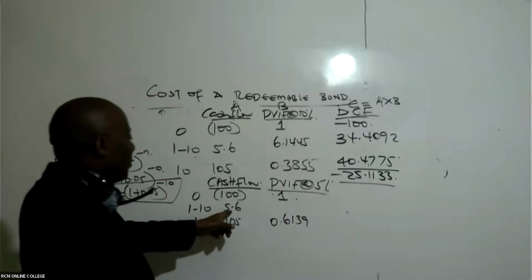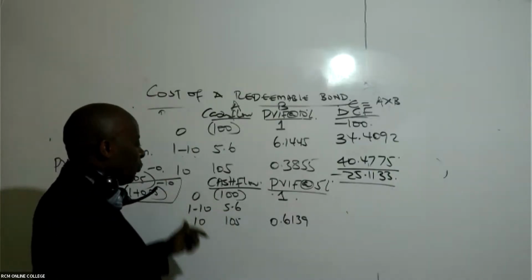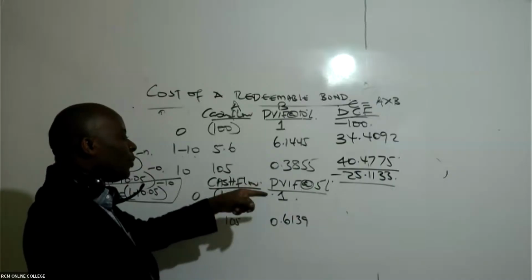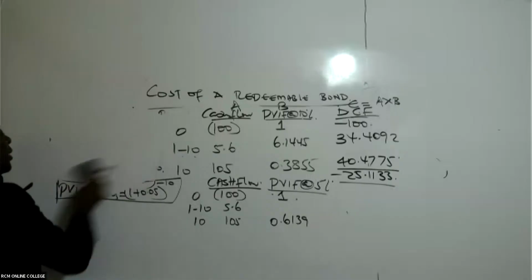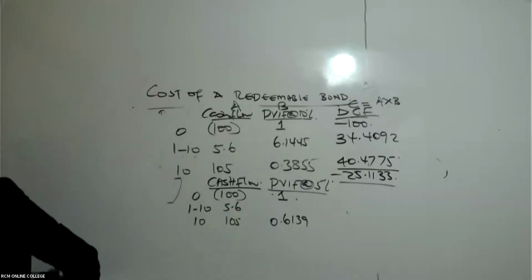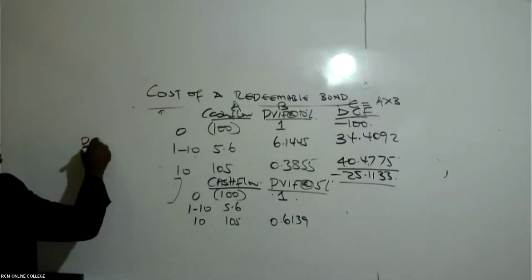Now, this 5.6, remember, is an annuity. It's a series of figures. So we shall use not PV, but PV5. Fortunately, you guys know the present value interest factor of an annuity.